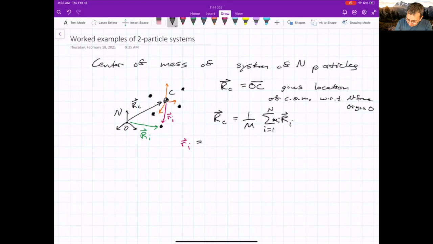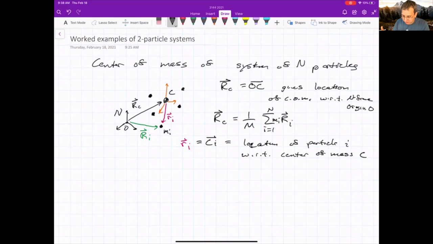So this would be from C to I, the location of particle i with respect to the center of mass. And so you might think of it as with respect to a COM centered frame. And I haven't yet given directions for those orange things, because that doesn't quite matter just yet.